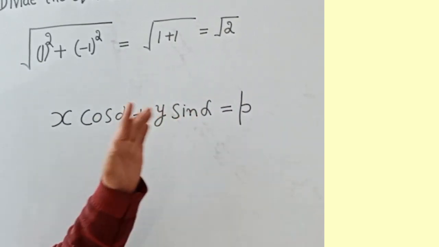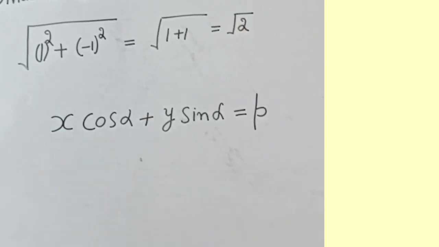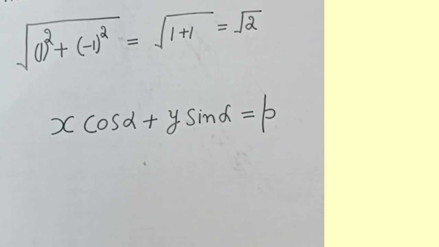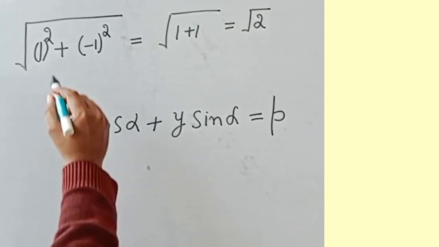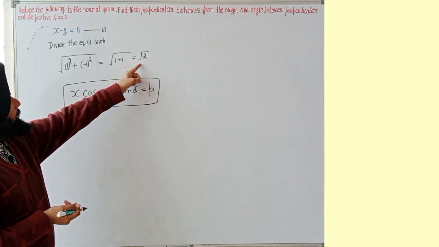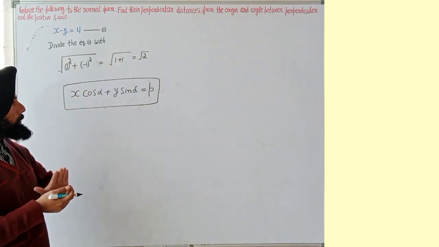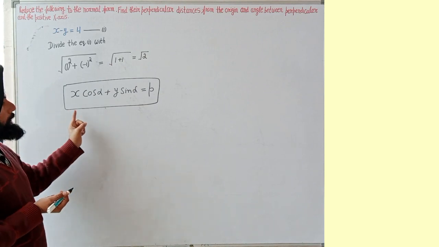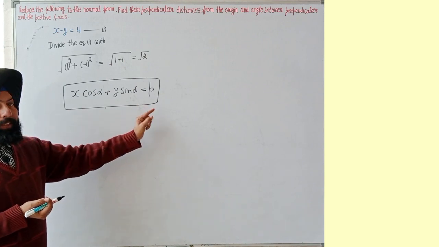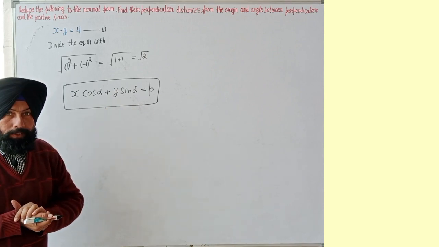P is the length of the perpendicular, and alpha is the angle. So divide equation 1 by under root 2, then we will compare the equation with the perpendicular form.